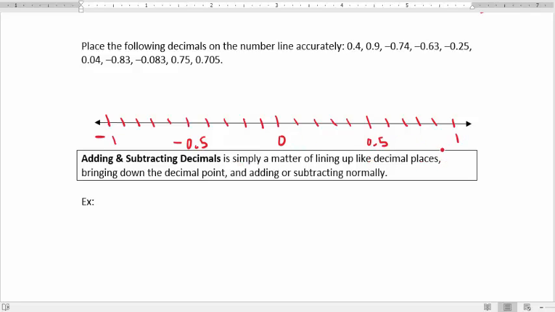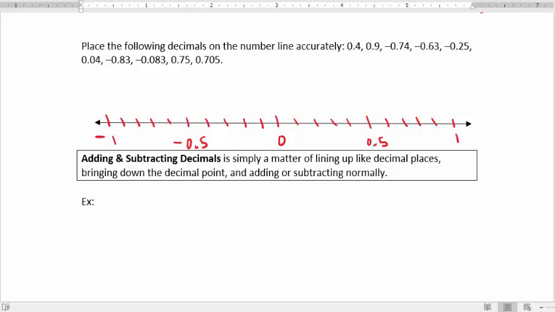Between 0 and 1, if you're breaking it up into tenths, there are 9 more ticks, 9 more marks between 0 and 1, because you think of 1 as the 10th one. So there's 9 more. And the same thing over here. Between 0 and negative 1, there's 9 more tick marks. So just keep that in mind.